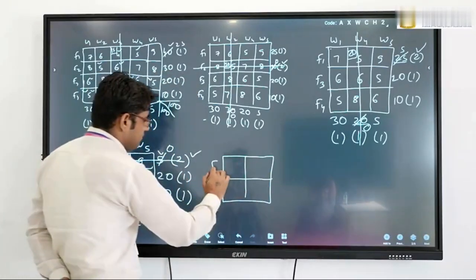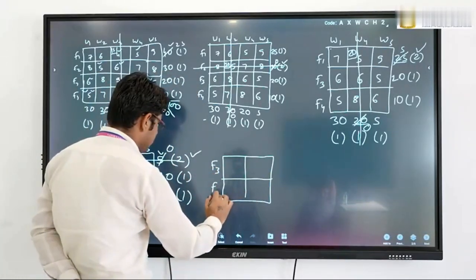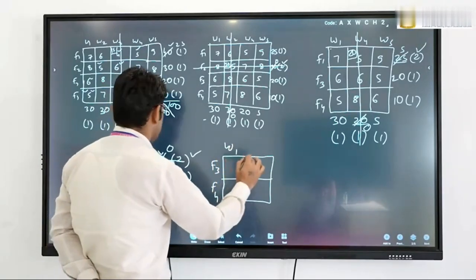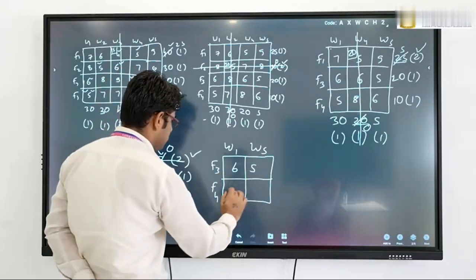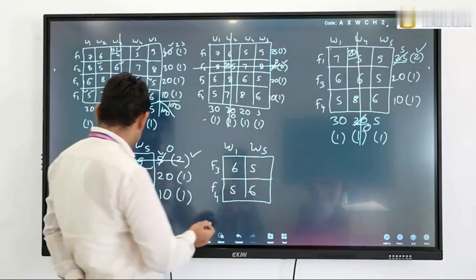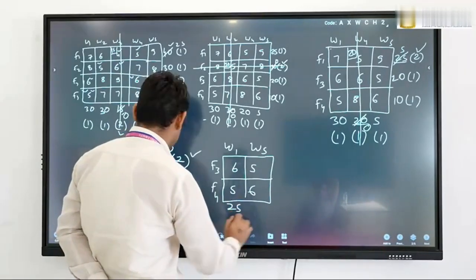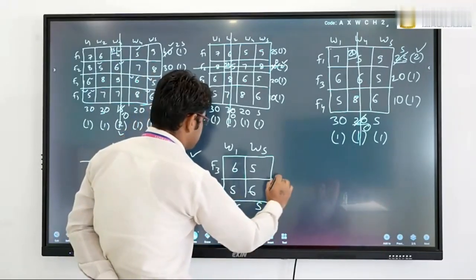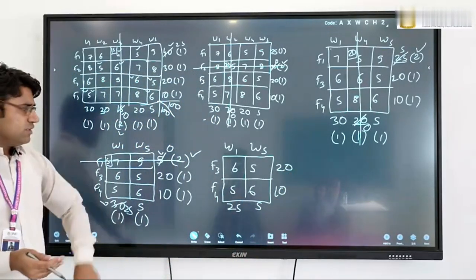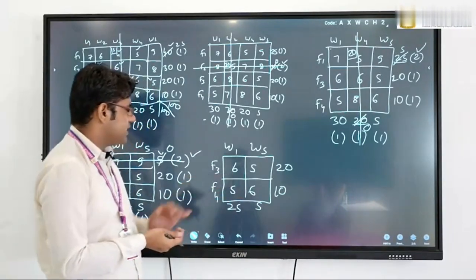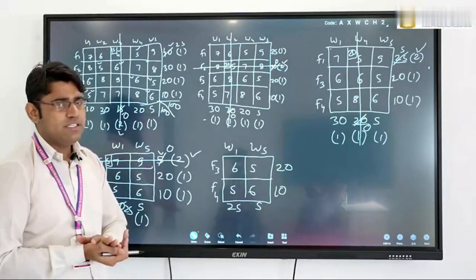Here remaining factories F3 and F4 and warehouses W1 and W5: 6, 5, 5, 6, and here demand remaining is 25, 5, and supply is 20 and 10. Now again we find the penalties of each row and each column.